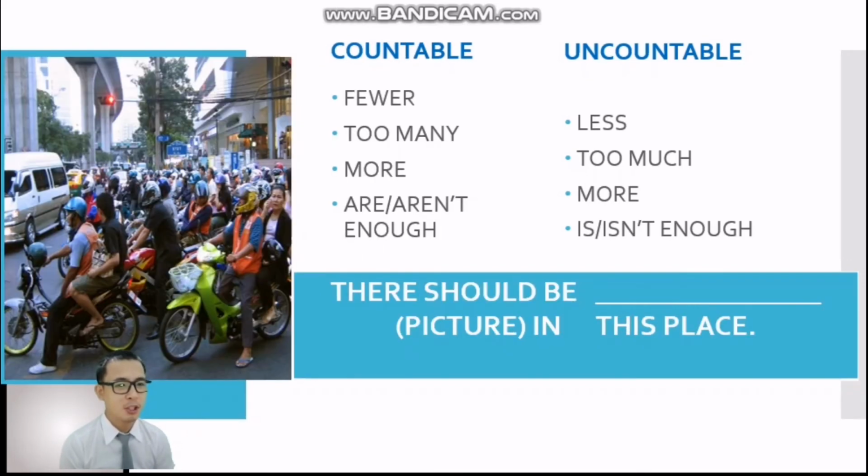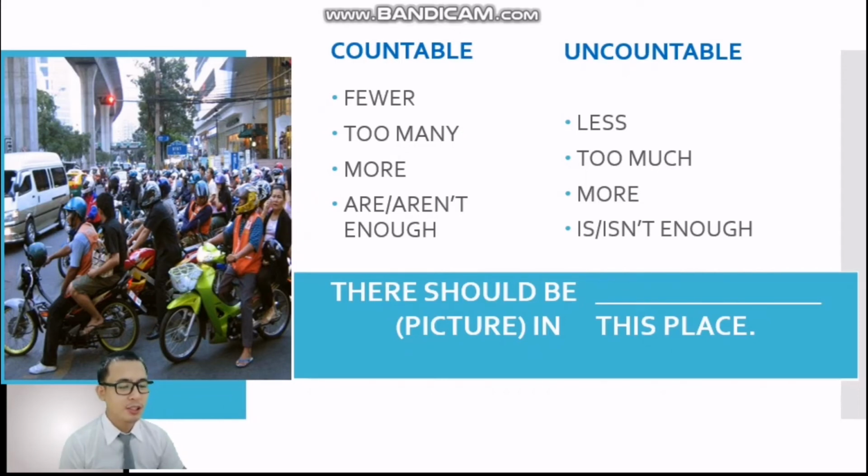The next picture is this. Take a look at the picture and proceed to the sentence. There should be blank picture in this area. Your time starts now. Time's up.